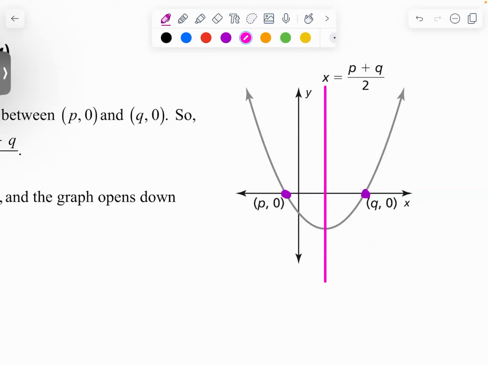What's the halfway point? What is exactly halfway between our two intercepts? And we're going to know the axis of symmetry. We're going to know where to find the vertex. That is our goal today.